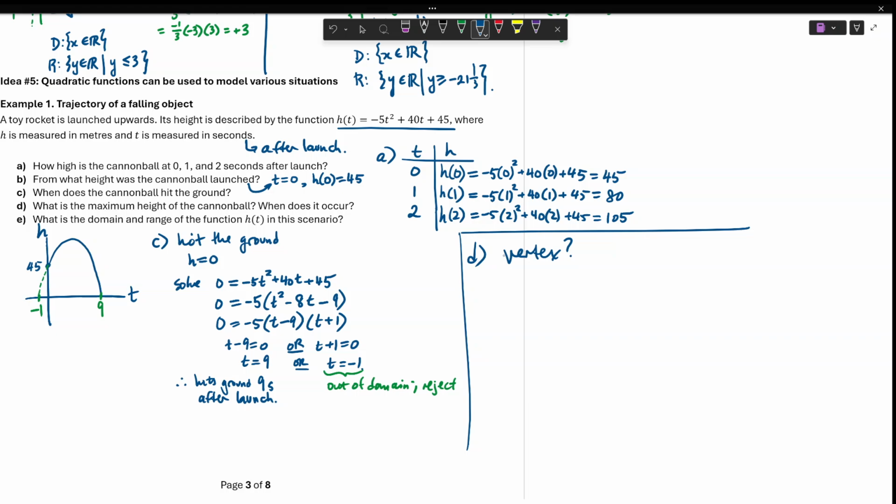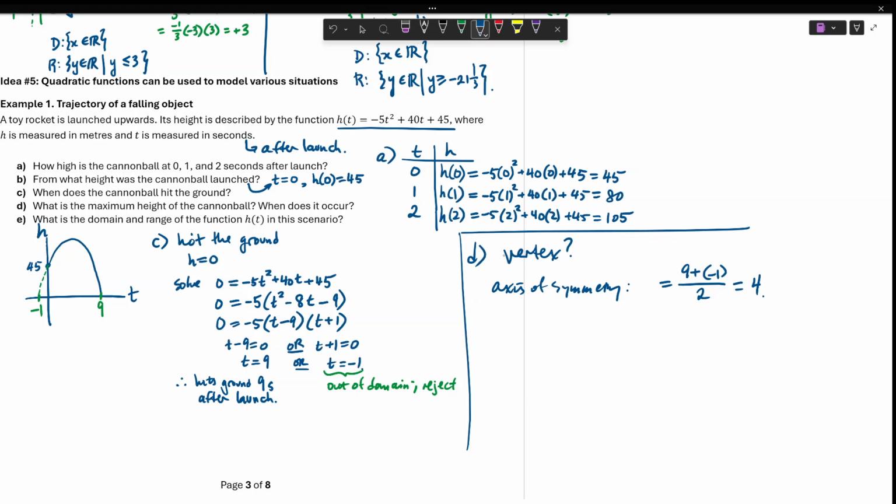But in this case, since we've already found the t-intercepts in part C, we might as well use that to find the axis of symmetry. Axis of symmetry, we're going to average the two t-intercepts. That's going to be 4. So that means that the maximum height occurs at 4 seconds.